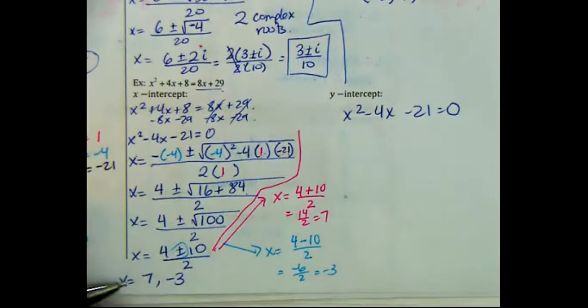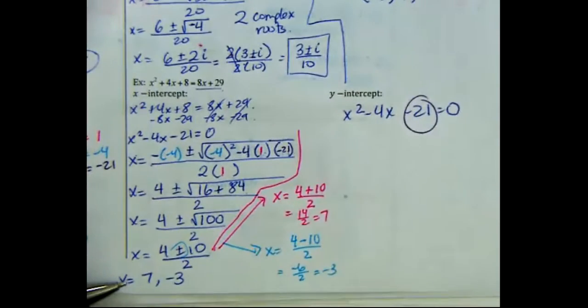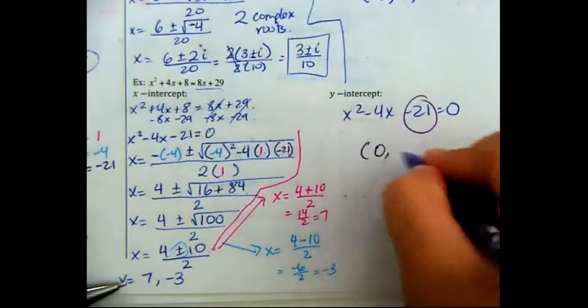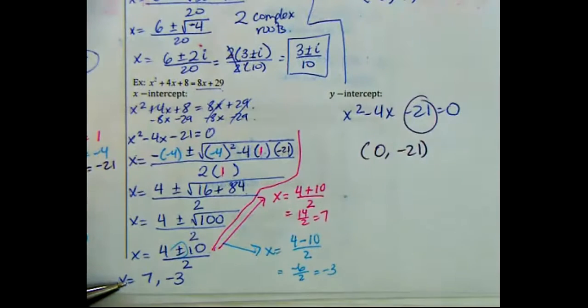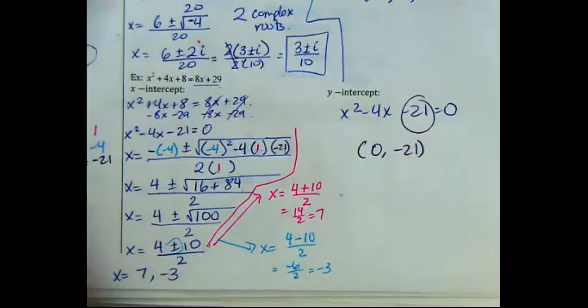So your y-intercept here is going to be 0, -20. Right? Okay.